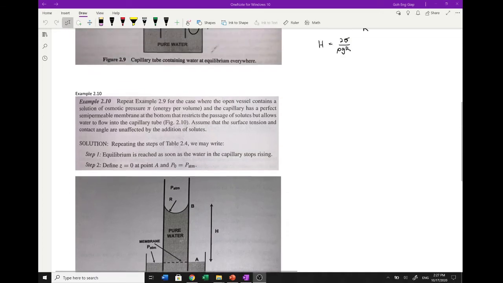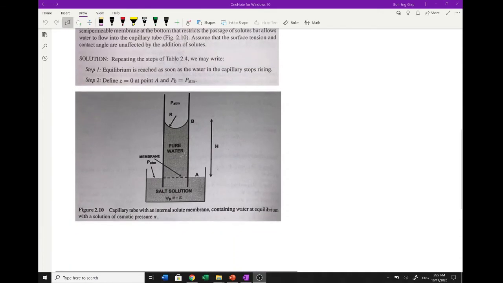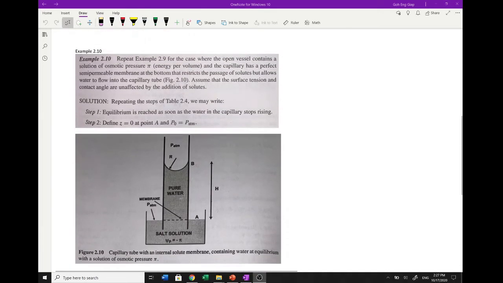Alright, now let's look at example 2.10. Repeat example 2.9 for the case where the open vessel contains a solution of osmotic pressure pi, energy per volume, and the capillary has a perfect semi-permeable membrane at the bottom that restricts the passage of solute but allows water to flow into the capillary tube.